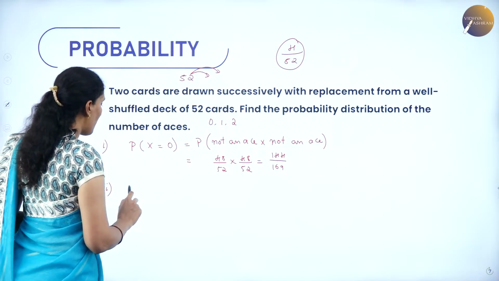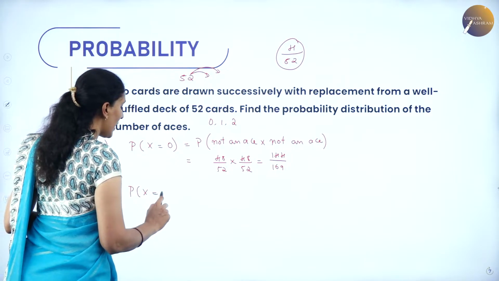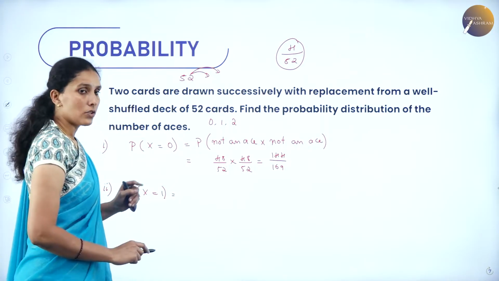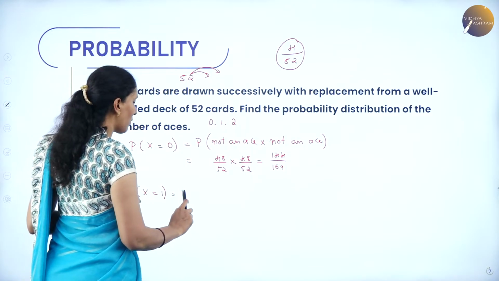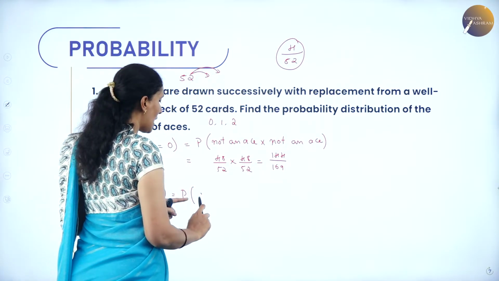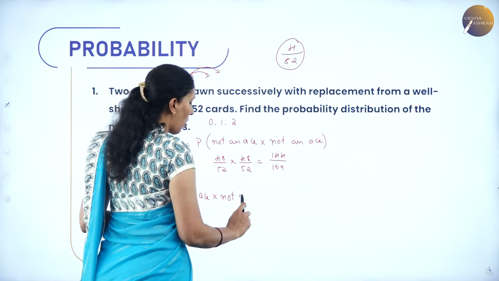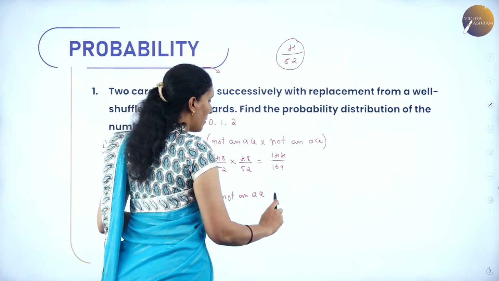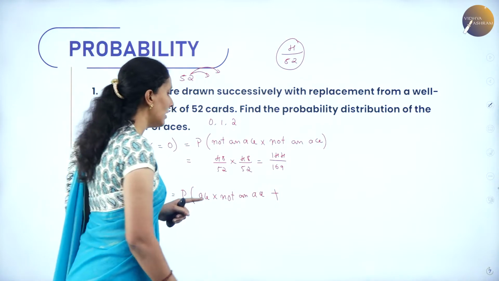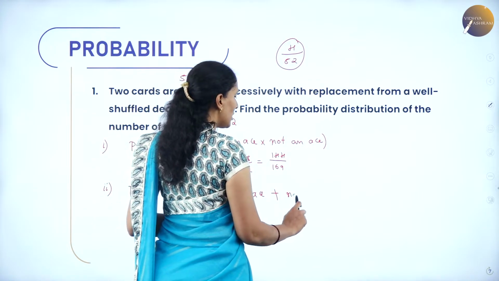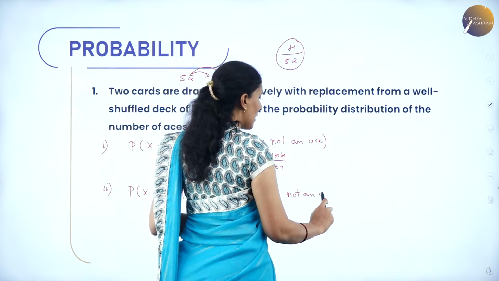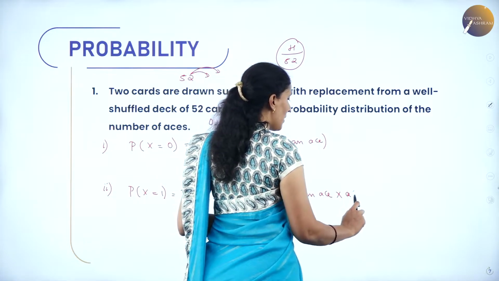Now, what is the probability of getting only 1 ace out of 2 cards? It may be in this form. The first card may be an ace and the second card may be not an ace. Or the first card chosen is not an ace, but the second card chosen may be an ace.